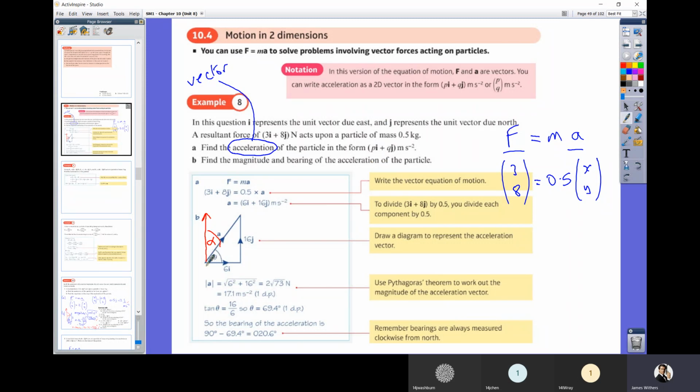And remember, a bearing is always measured from north, clockwise. So once you've worked out theta being 69.4, your actual bearing, alpha, you take that away from 90. And remember, for a bearing you always give three digits before the decimal point, so 020.6.